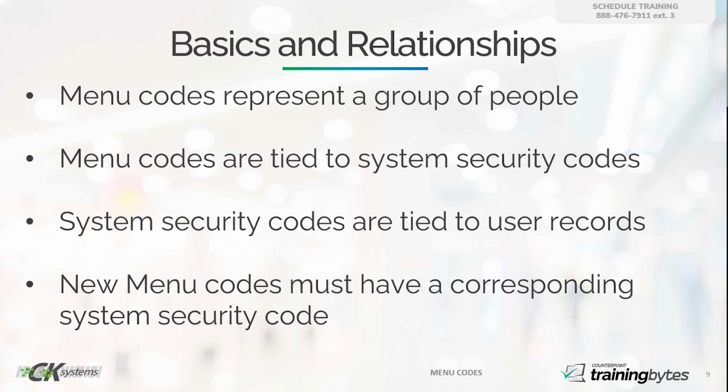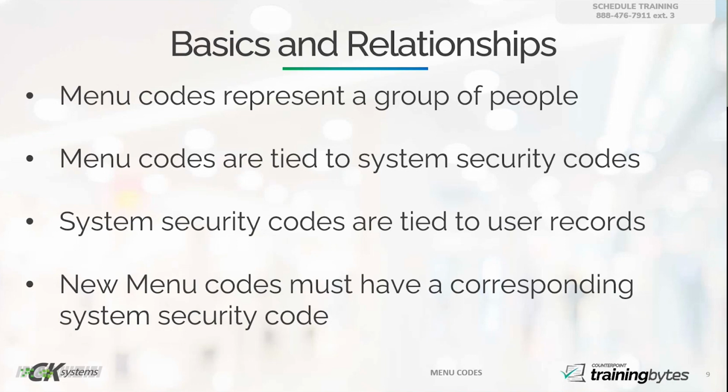So here are some basic rules and relationships. A menu code represents a group of people, typically. It can represent one person, but typically it's a group. I have a system administrator, a manager, a couple of assistant managers, lots of point of sale people. Menu codes are tied to system security codes.